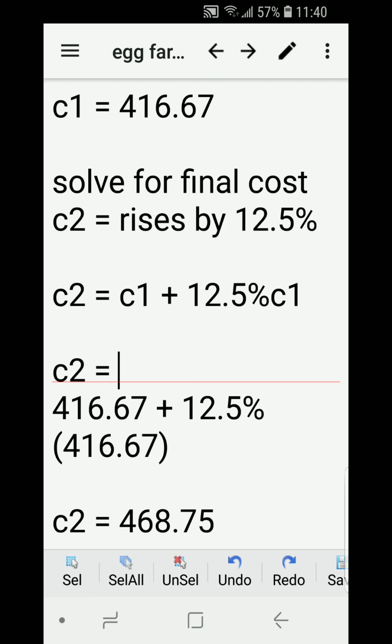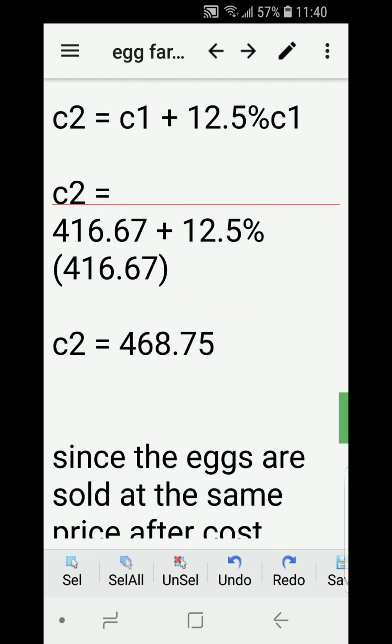It increased by 12.5%. So because we know that the new cost increased and the farmer kept the same price, we would expect a lesser gain just by knowing that we have an increase in cost.